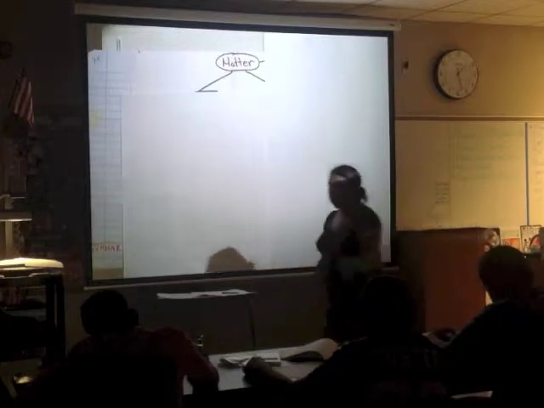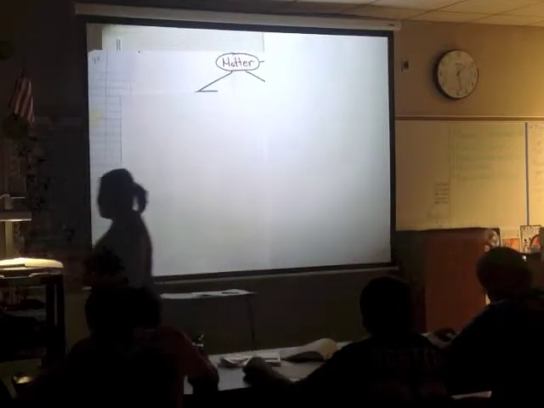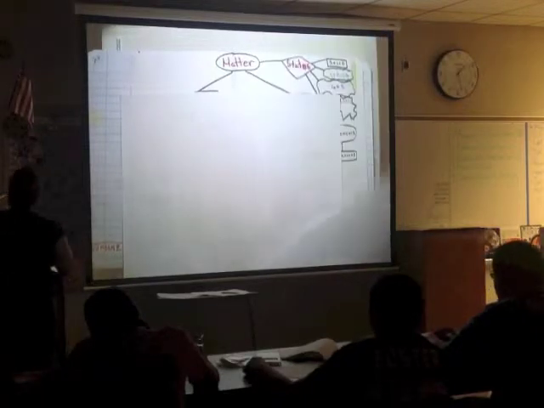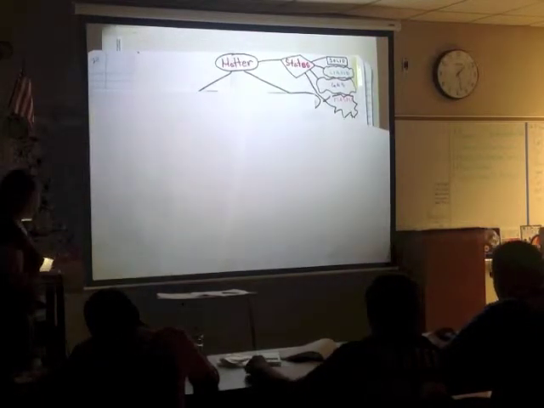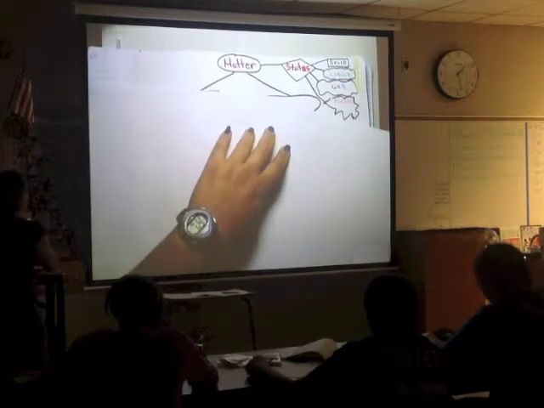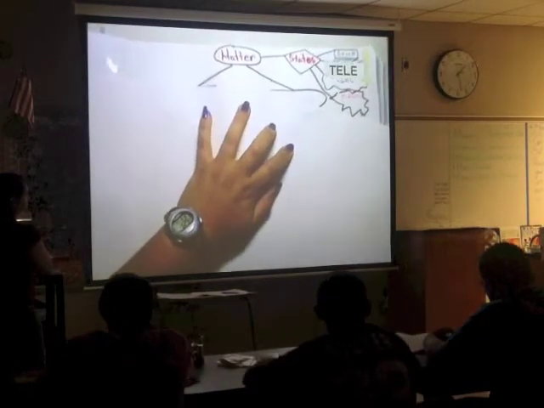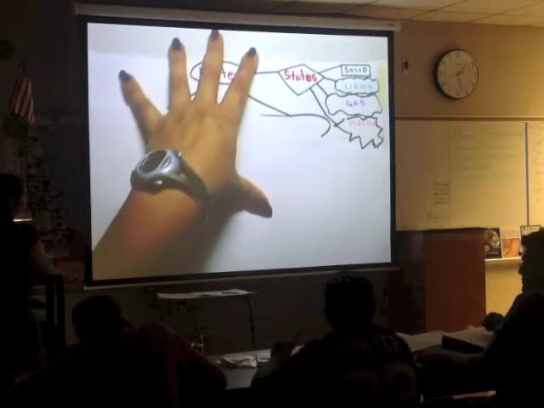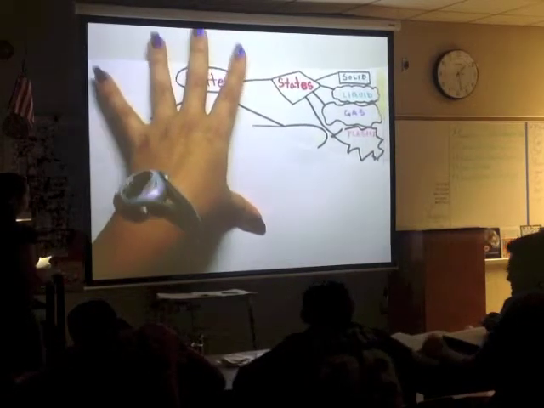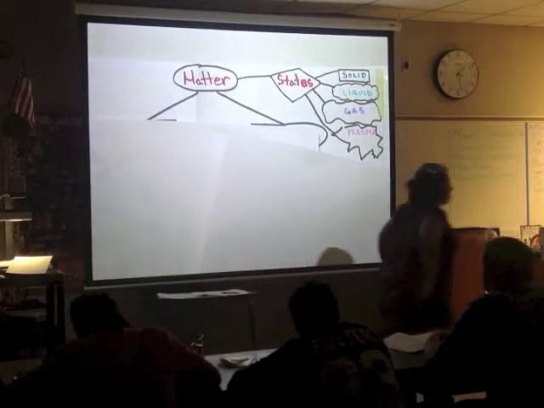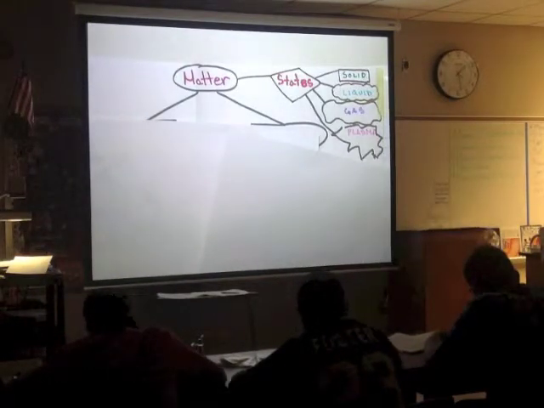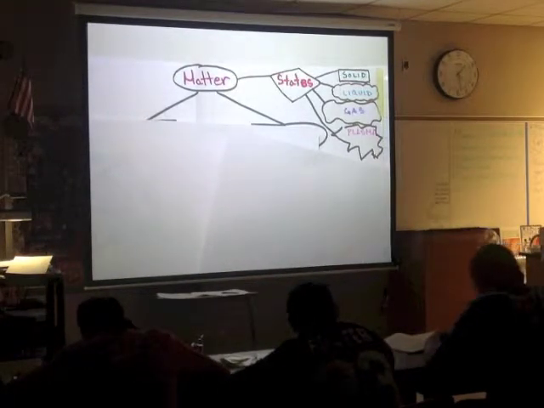Solids, liquids, gases: the reason for it is because those are states of matter, or phases of matter. Sometimes they're called states, sometimes they're called phases. So the four states or phases of matter are solids, liquids, gases, and the last one is plasma.